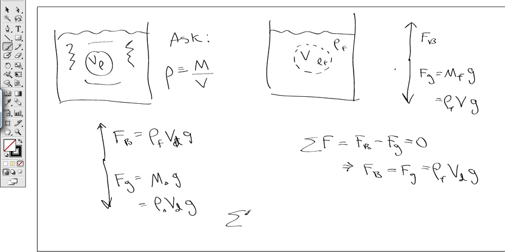Now if we sum the forces on this object, we get volume displaced times g factors out, multiplied by rho fluid minus rho object, which is equal to ma.